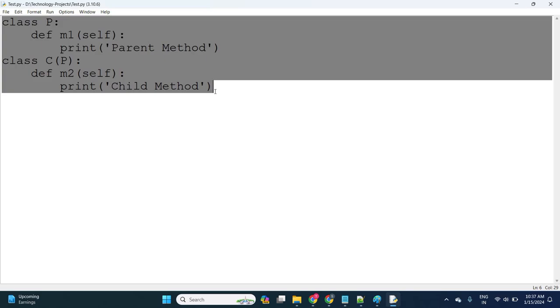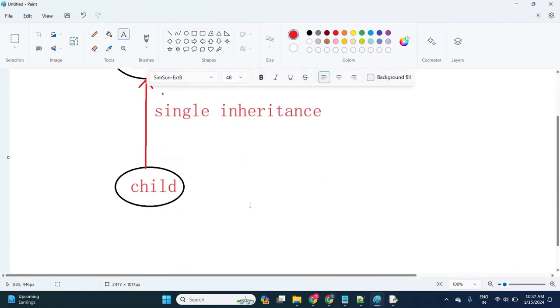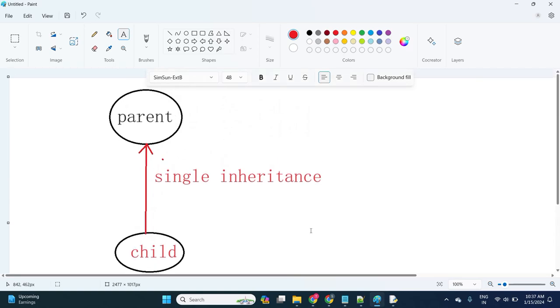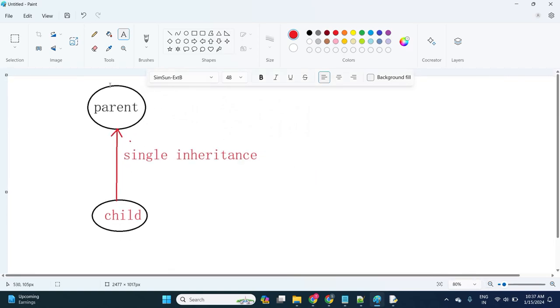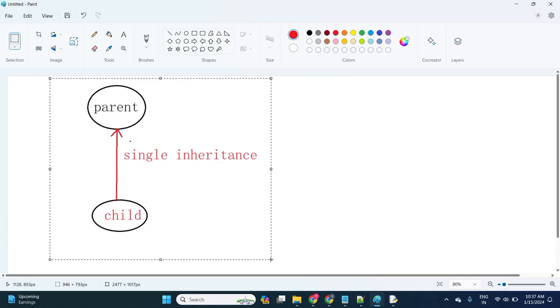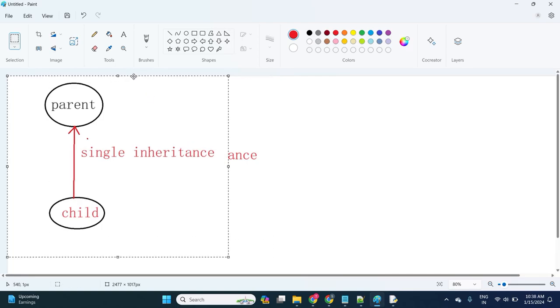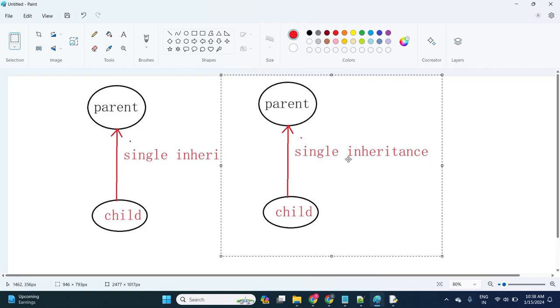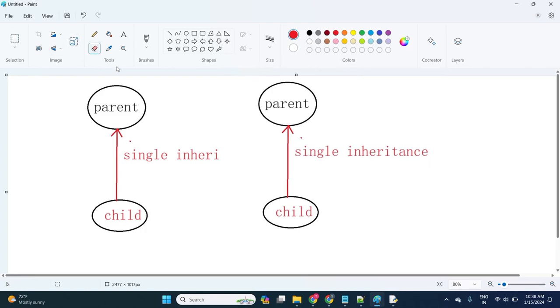Here is the same example, but this is multi-level inheritance.